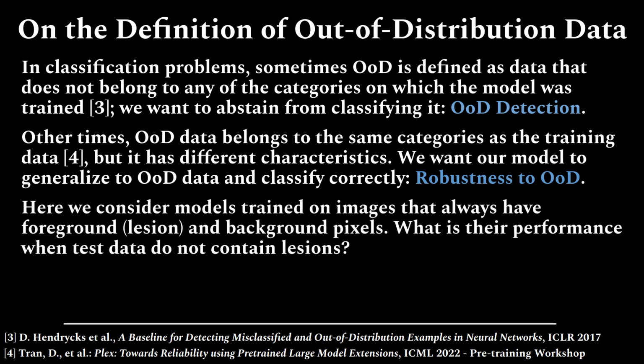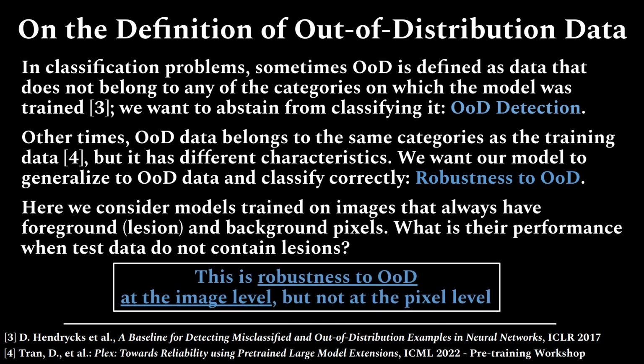Right. In this case, we are dealing with lesion segmentation, in which, for training, we use images that always have a lesion. So what happens if the model in test time can also receive images with no lesion? Is this OOD? We believe it is, in a subtle manner.